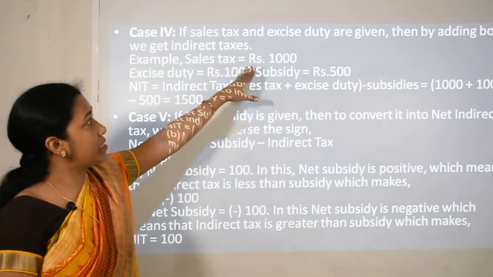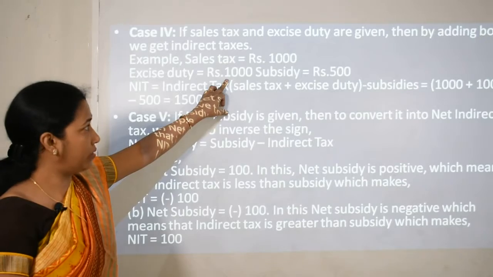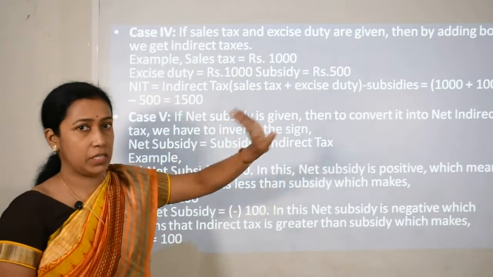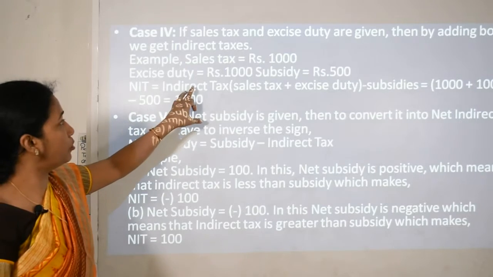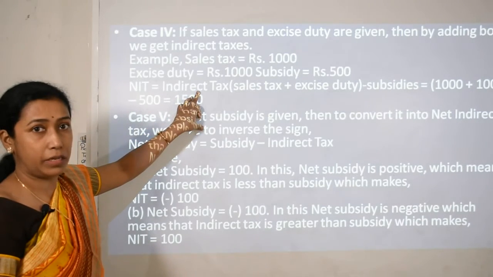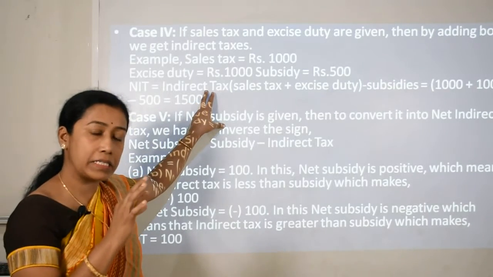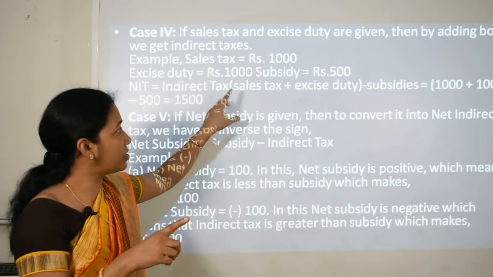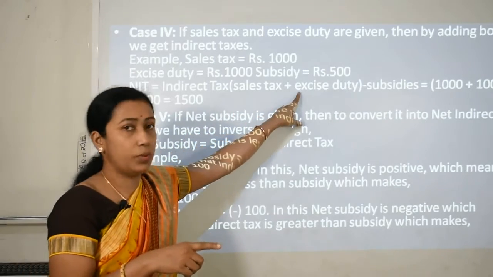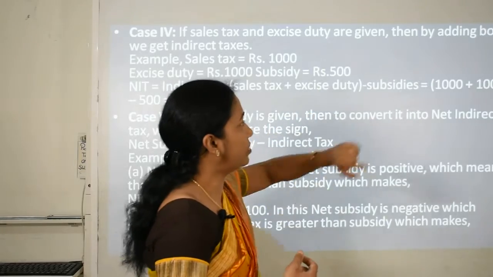For example, sales tax is given as 1000, excise duty is also given as 1000, and subsidy is given as 500. To calculate net indirect tax, we apply the formula indirect tax minus subsidy. Indirect tax is not clearly mentioned, but sales tax and excise duty are given, so we add both of them and then subtract the subsidy.